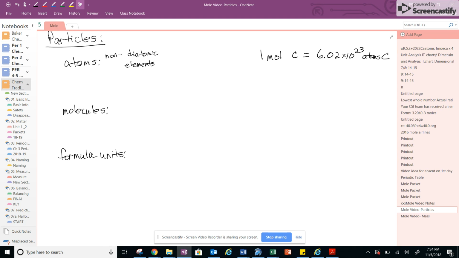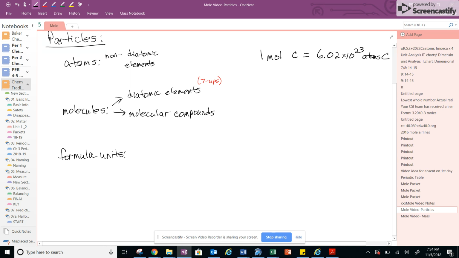All right, so in terms of our molecules, our diatomic elements exist as molecules. And remember, our diatomic elements, sometimes we refer to them as those 7-Ups. Also, our molecular compounds. Molecular compounds exist as molecules. I guess that makes sense.